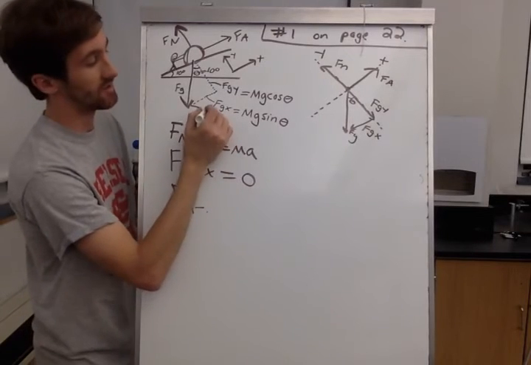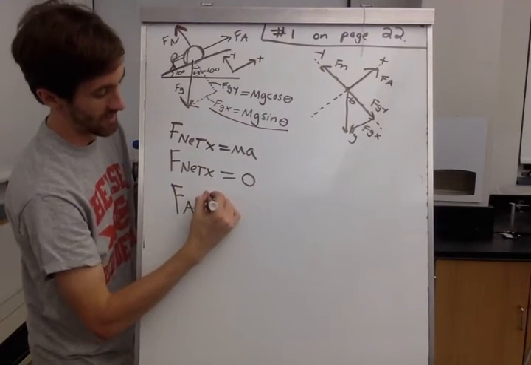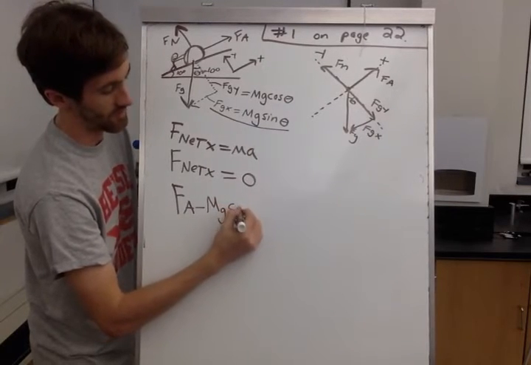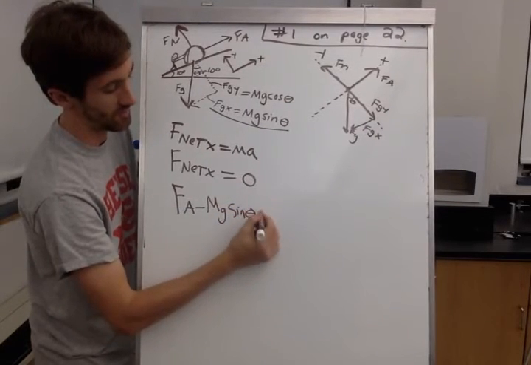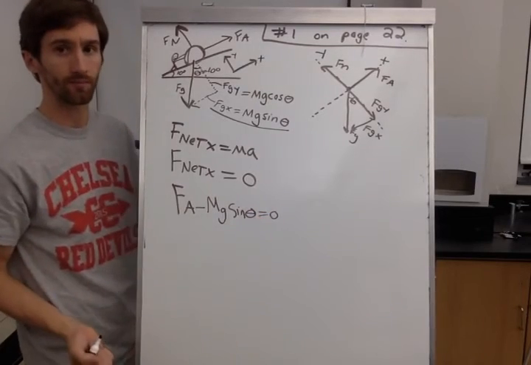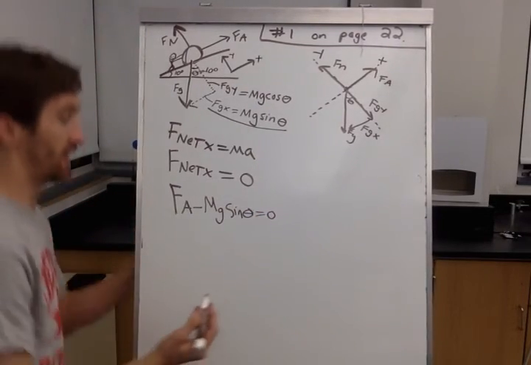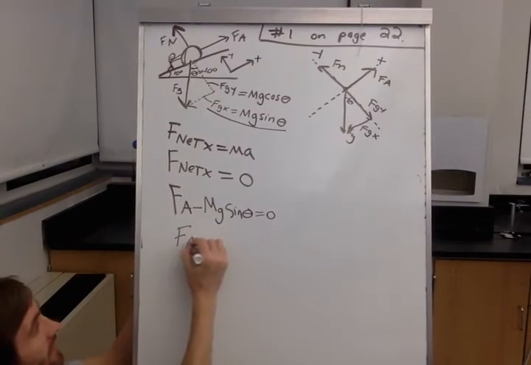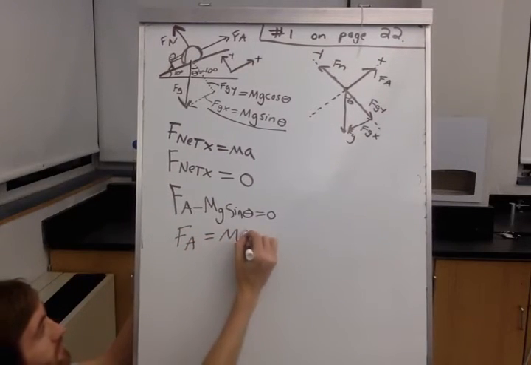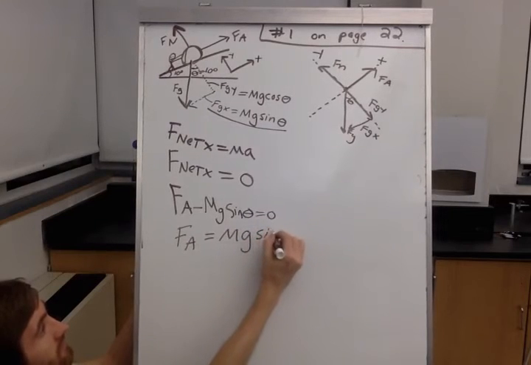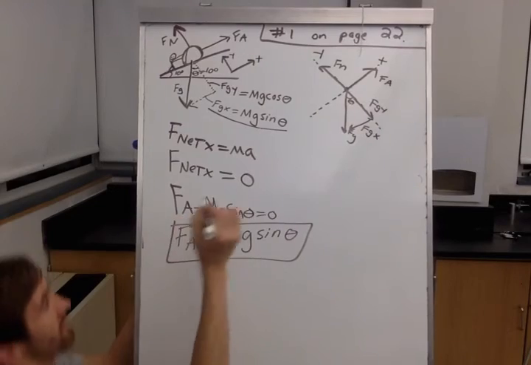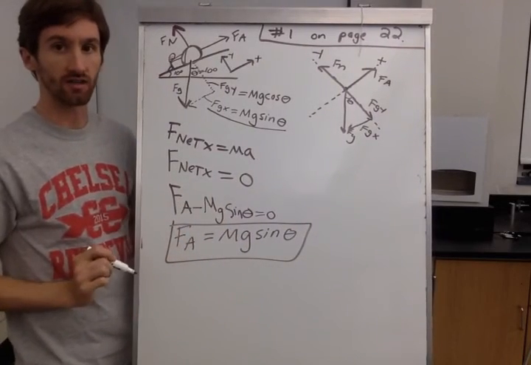And that we said here was mg sine theta, is equal to 0. And then if I want to get Amy's force by itself, I do FA is equal to mg sine theta. All I did was add mg sine theta to both sides.